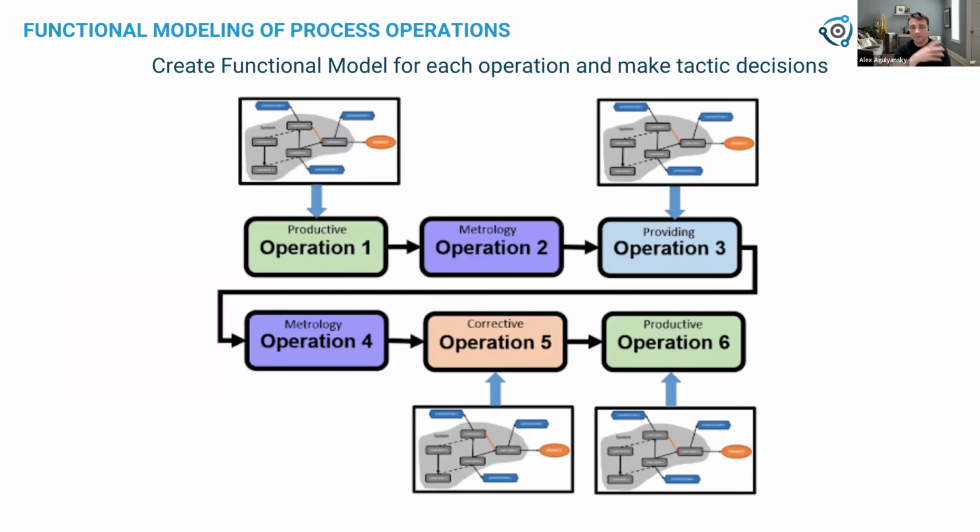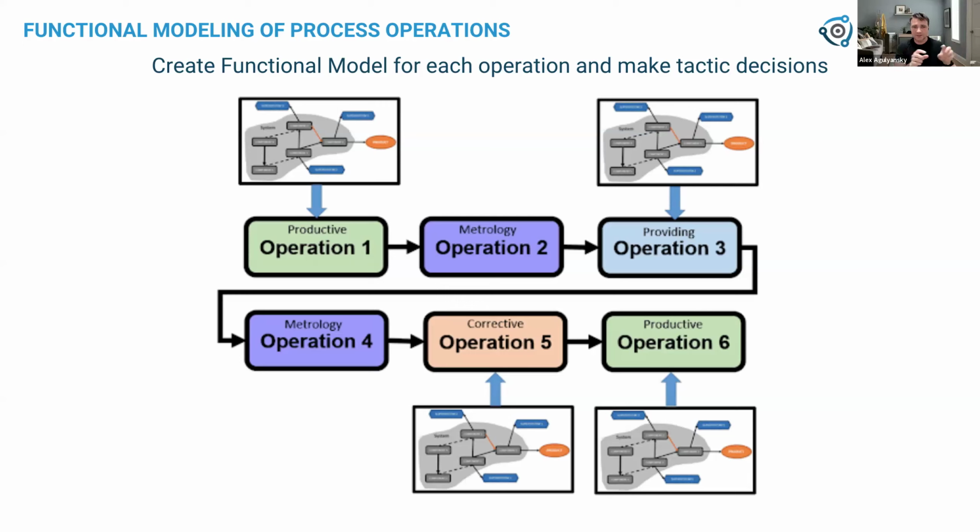Now, as part of the functional modeling, in order to identify or analyze each and every one of the operations, we're building something called a functional model, something that we talked about last time. And this functional model helps us to make tactical decisions in terms of how we make the changes, how we actually solve these different problems, right?